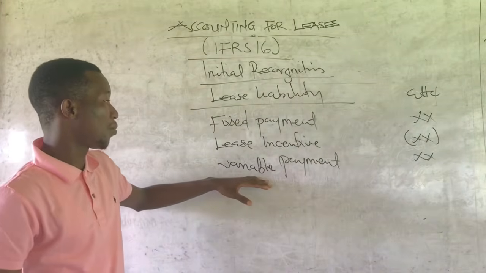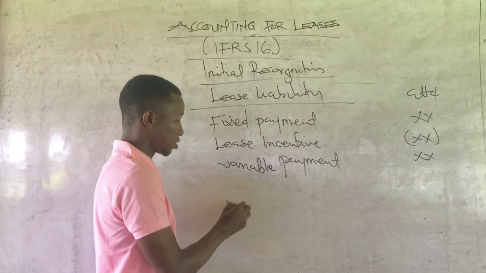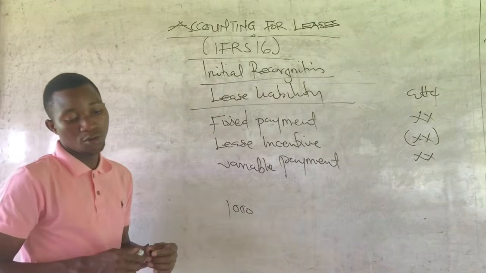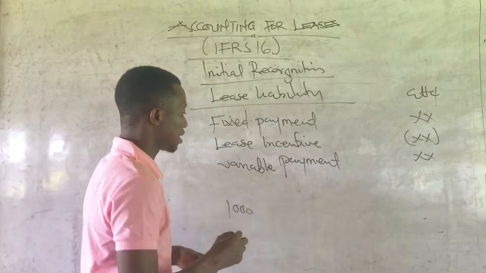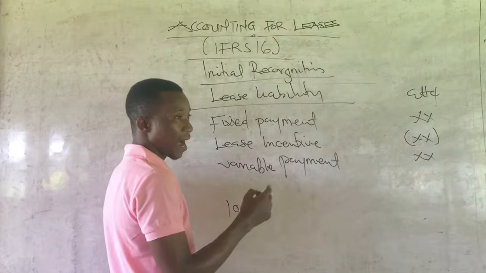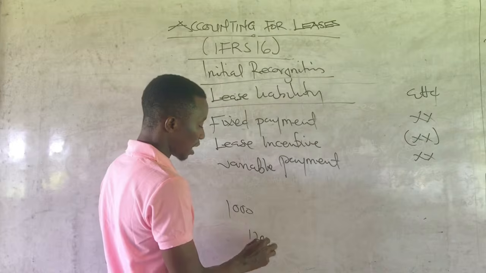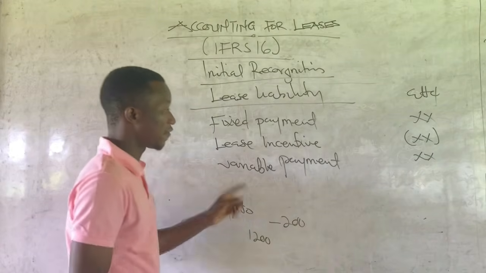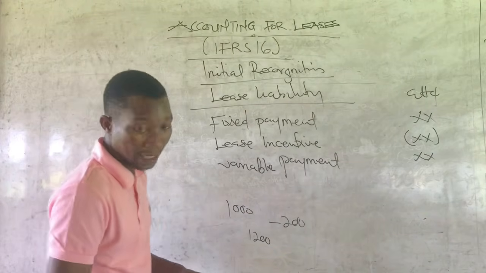So this variable payment, maybe the fixed payment is supposed to be 1,000 every year, and because of time value of money purposes, there has been an agreement that at the end of every year, the lessee should add another 200. Meaning that at the end of every year you'll be paying 1,200, and this difference of 200 is the variable payment. It's supposed to be included in the lease liability.